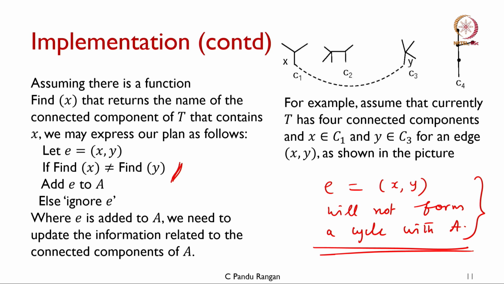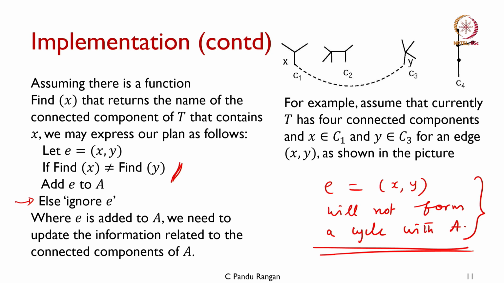If find x equal to find y, if x and y are in the same component, obviously there is a path, that path and xy will form a cycle, therefore, E must be ignored. That is the reason why else ignore E. If find x is not equal to find y, we are going to include, otherwise we are going to exclude.